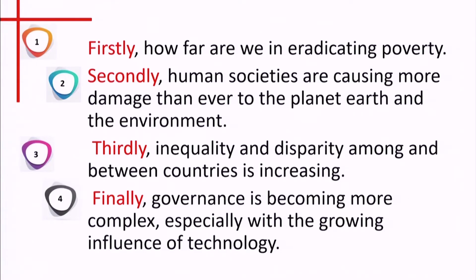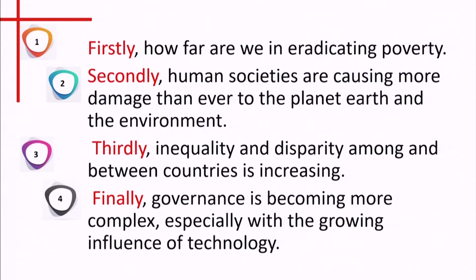Tens of thousands of species, including 25% of all mammals and 35% of birds, are now threatened with extinction. This is because of hunting, poaching, pollution, loss of habitat, the arrival of invasive species and other human-caused problems. In the context of these scenarios, firstly, how far are we in eradicating poverty?